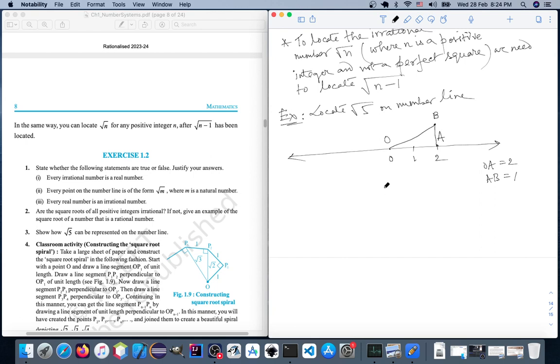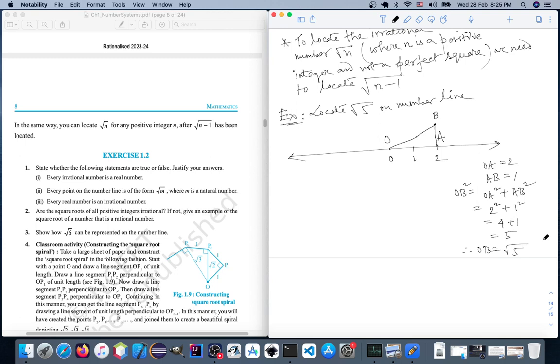And from the Pythagoras theorem, based on the right angle triangle OBA, we know that OB square will be OA square plus AB square. OA is 2, so 2 square plus 1 square, which is 4 plus 1. This will be 5. Therefore, OB will be root over 5.